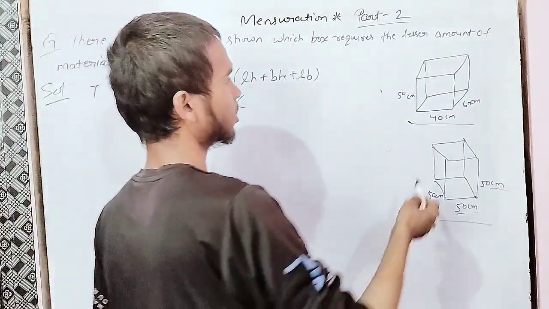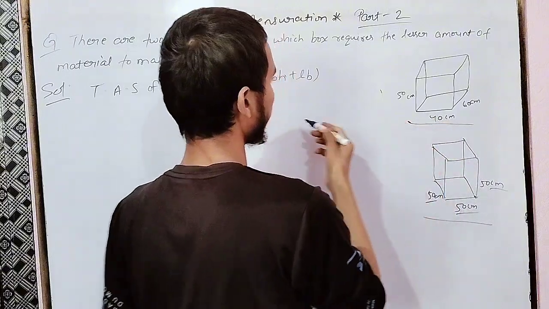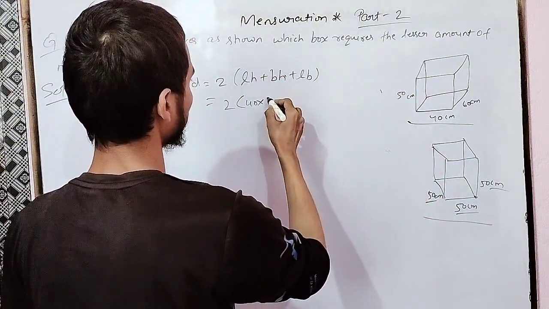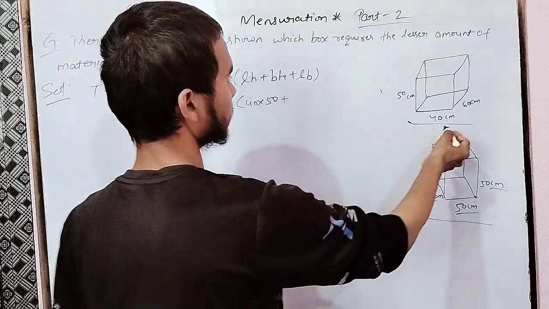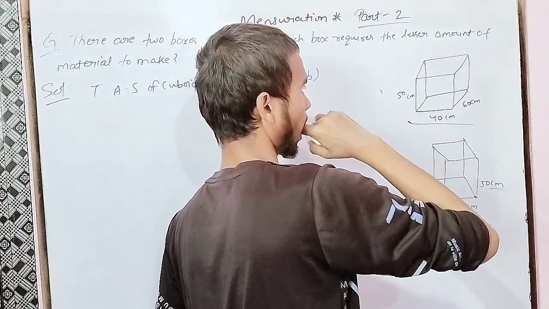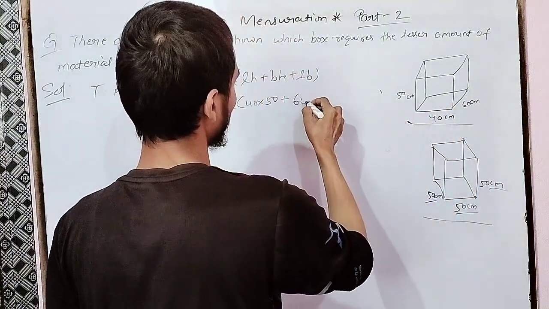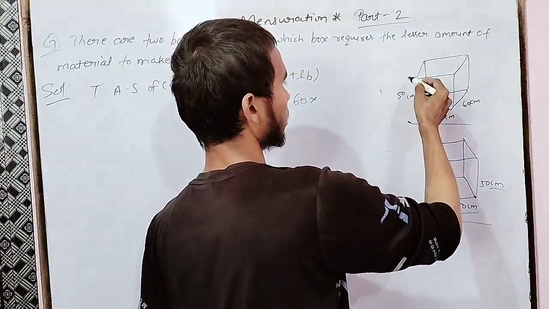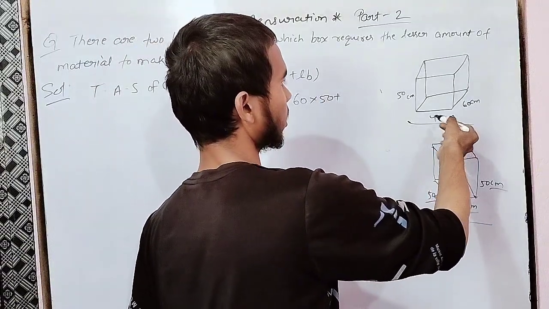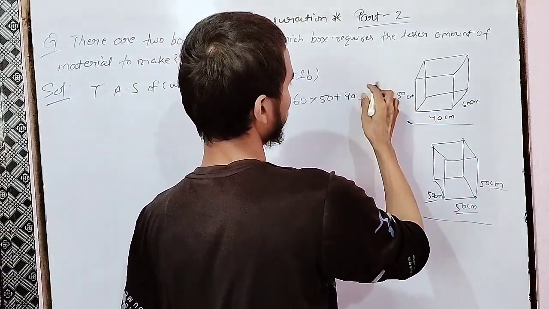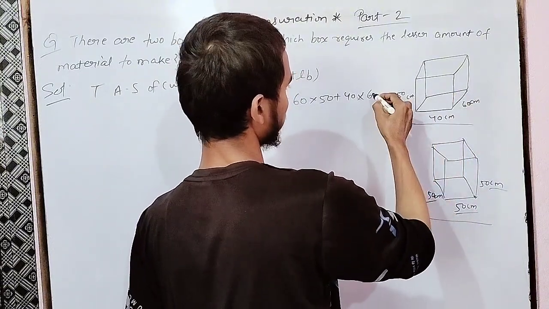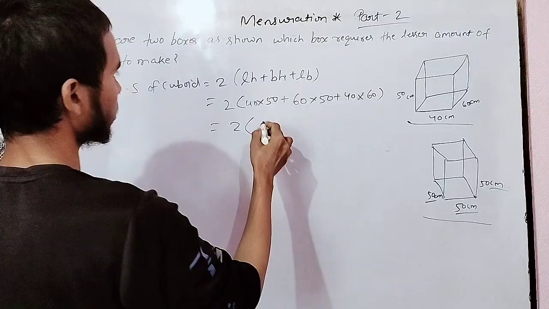LH: this is L, 40, multiplied by H, 50. Then B is the breadth, which is 60, multiplied by H, which is 50. L again is 40, and then B is 60. Now let's simplify it.